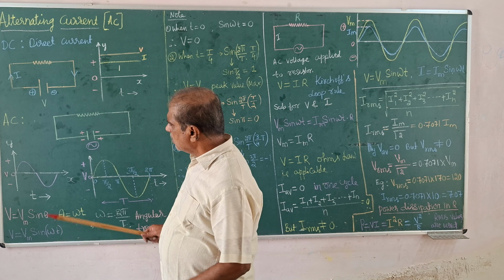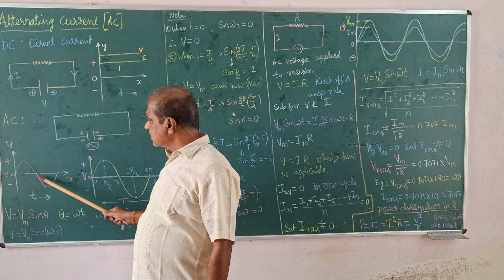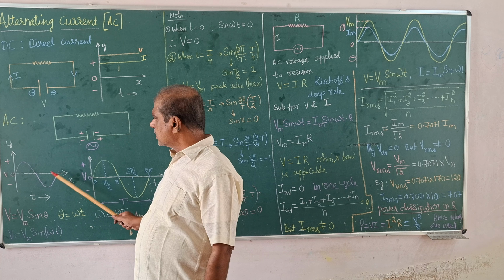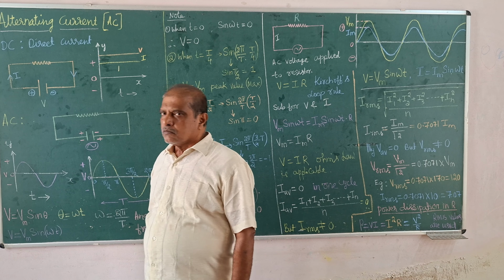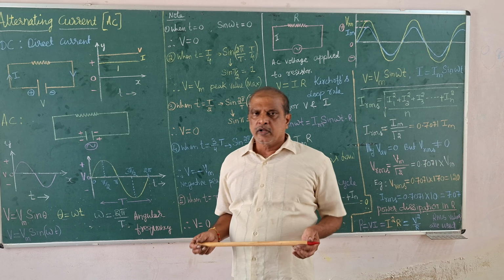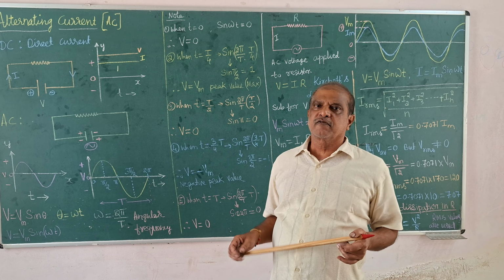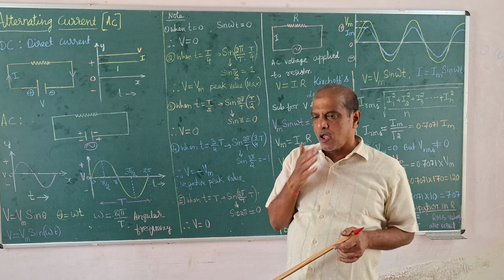And why this variation like this? Because AC is generated by rotation of a magnetic field with respect to an electric coil, where electricity is generated. Rotation of the magnetic field or rotation of the magnet.